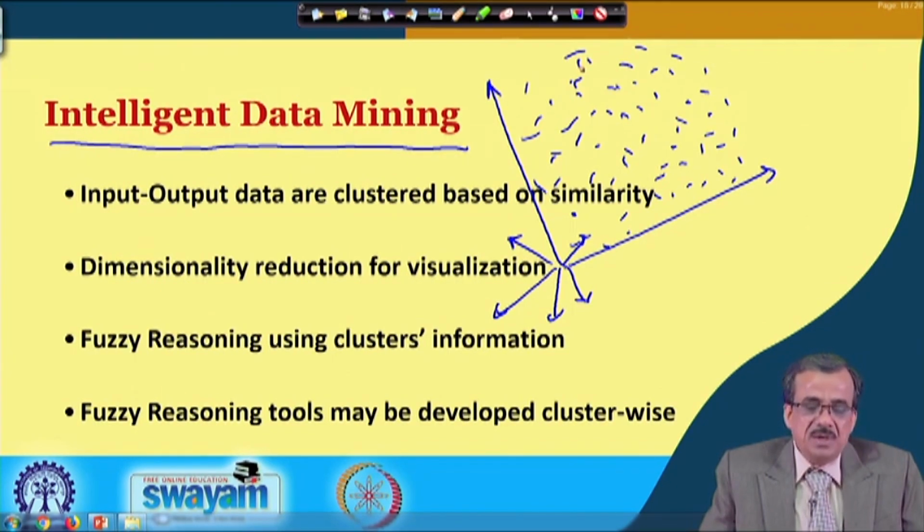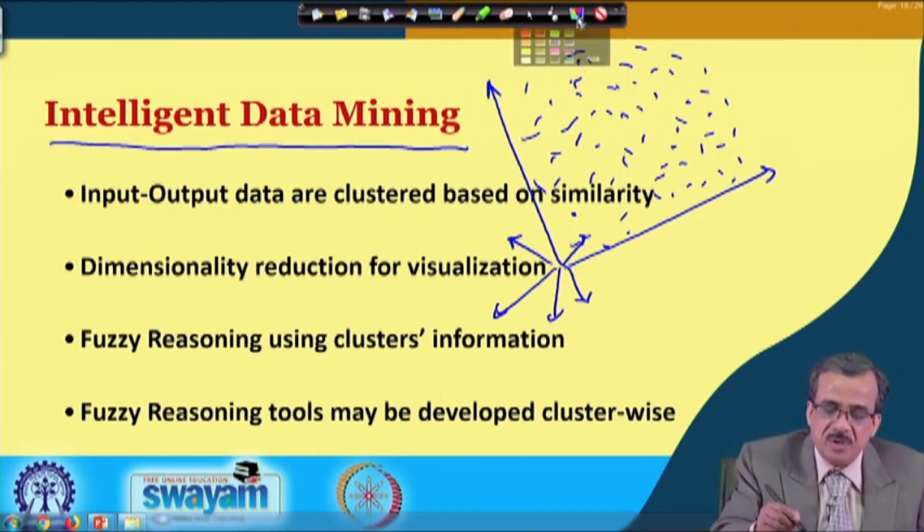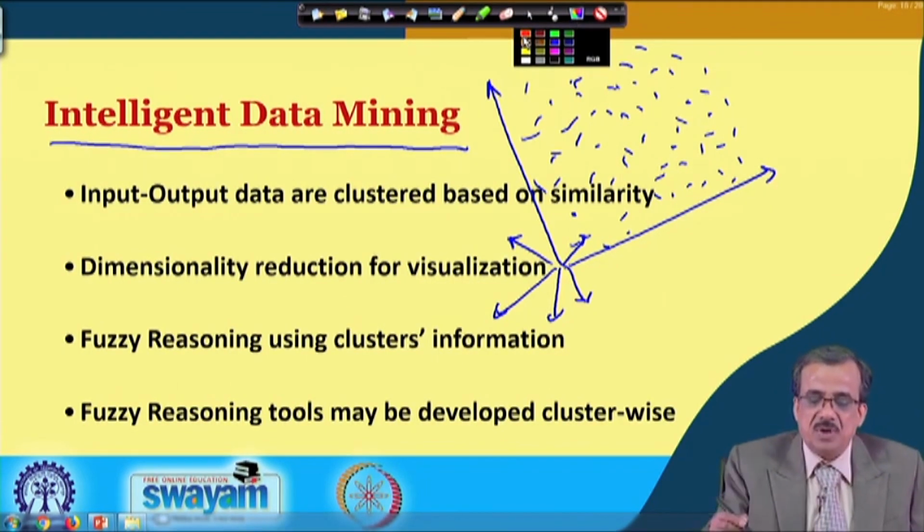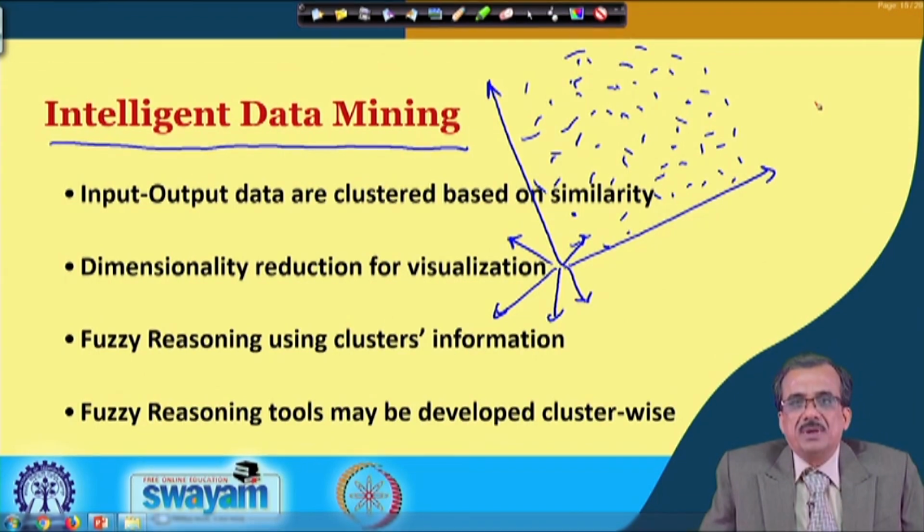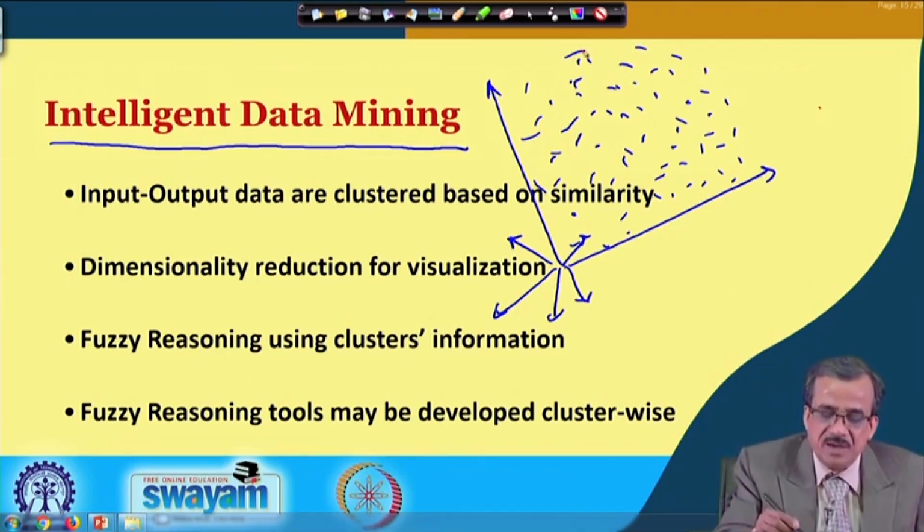Now, what we do is we first try to carry out some sort of clustering based on the similarity. We have already discussed some tools like fuzzy C-means clustering or entropy based clustering. Supposing that we have got some clusters here.